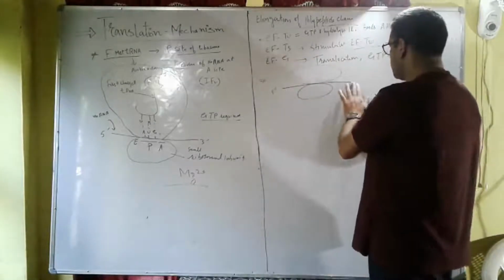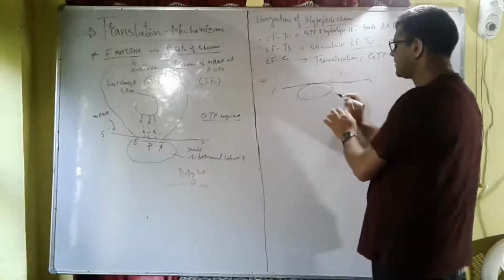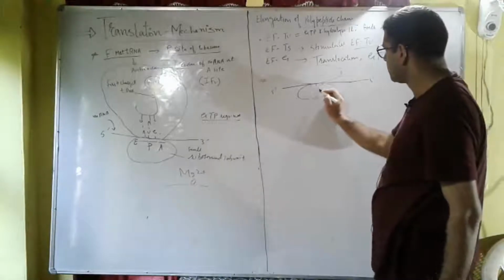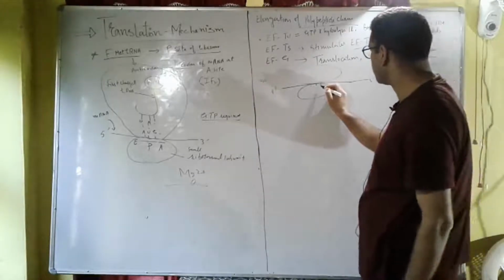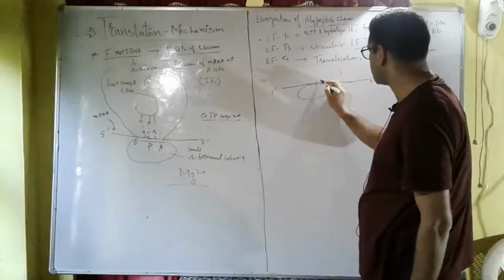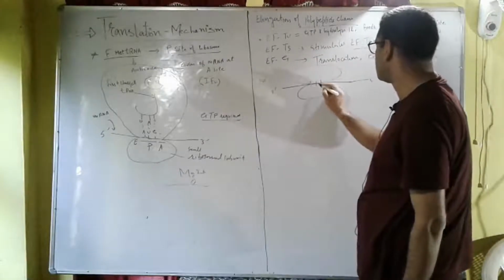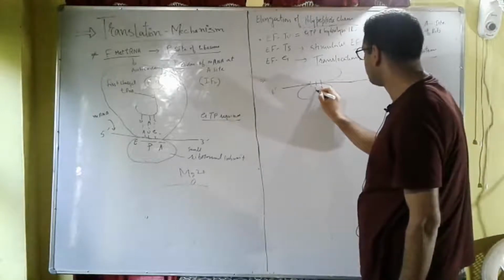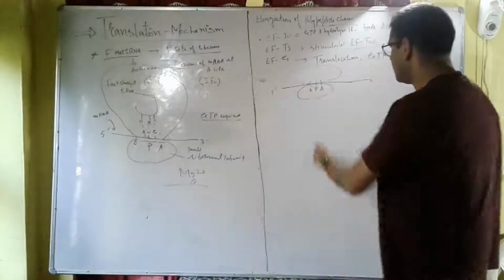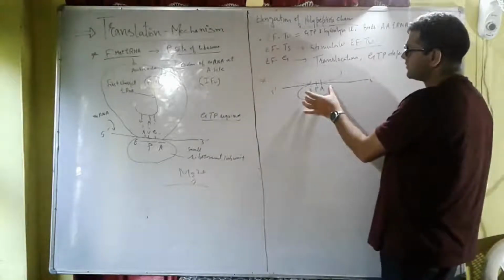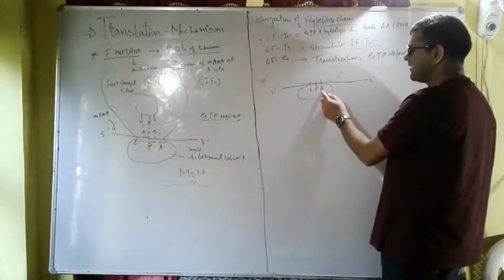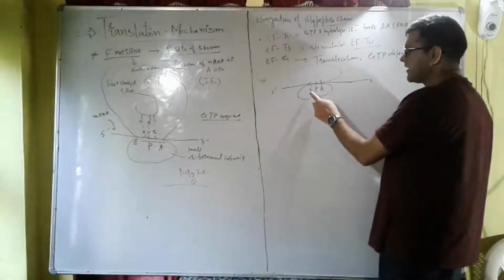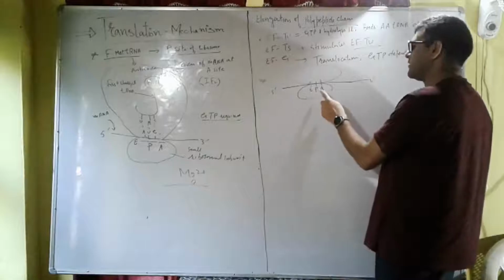The ribosome physically moves along the mRNA. There are 3 sites in the ribosome: A site, P site, and E site. A means amino acid acceptor site, P site is the peptidyl site, and E site is the exit site.